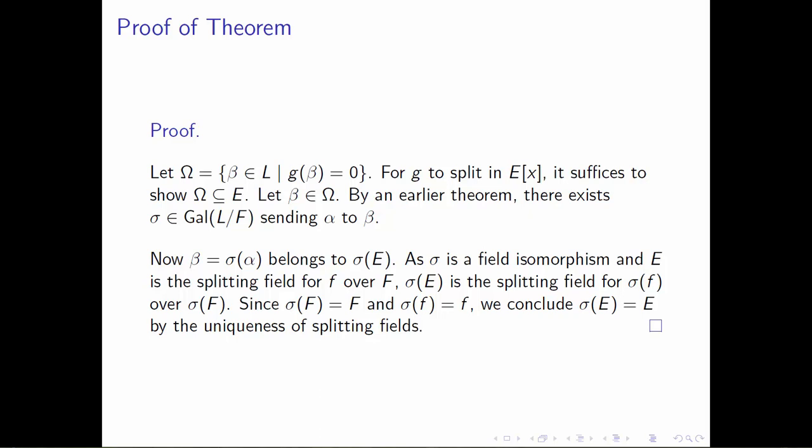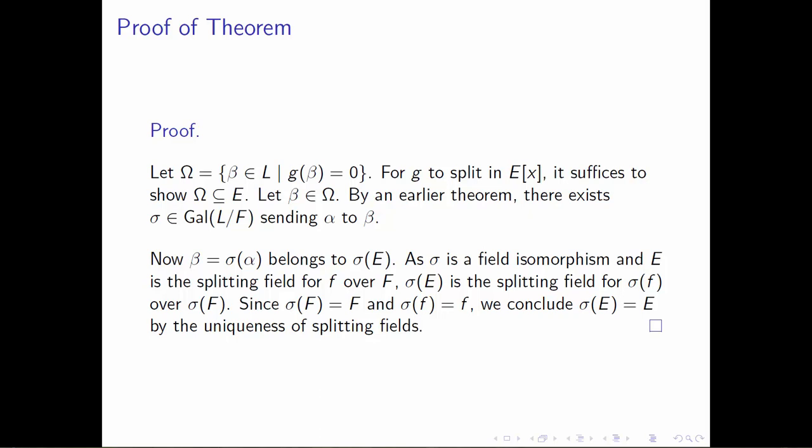But we have that sigma of capital F is equal to F. That's because sigma is an element of the Galois group of L over F. So sigma is an F isomorphism. And because little f has coefficients in F adjoin x, sigma of little f is equal to little f as well. And because splitting fields are truly unique when you're working inside of a larger field, both E and sigma of E are subsets of L, we conclude that sigma of E is equal to E by the uniqueness of splitting fields.